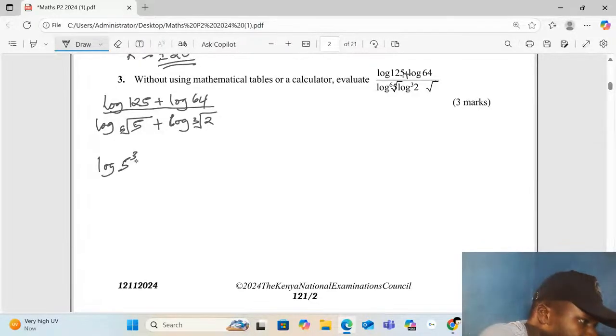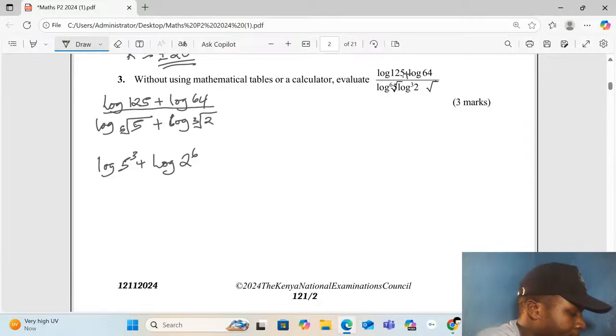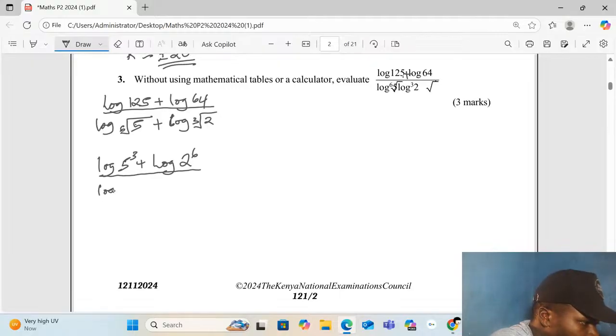Then plus log 64, that is the same as log 2 power 6. Then divide by the 6th root of 5, which is the same as log 5 power 1 over 6.